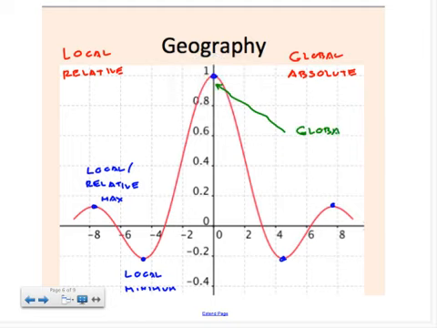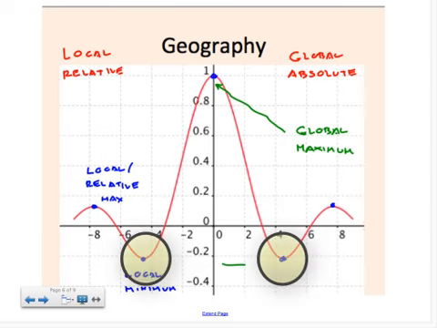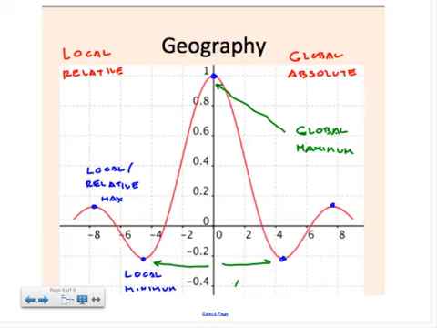That is the biggest y value in the picture, the biggest y value in the range. Global maximum or absolute maximum. And that means that these two points here are not only local minima or relative minima, but they're also absolute minima. They are the smallest y values in this picture.